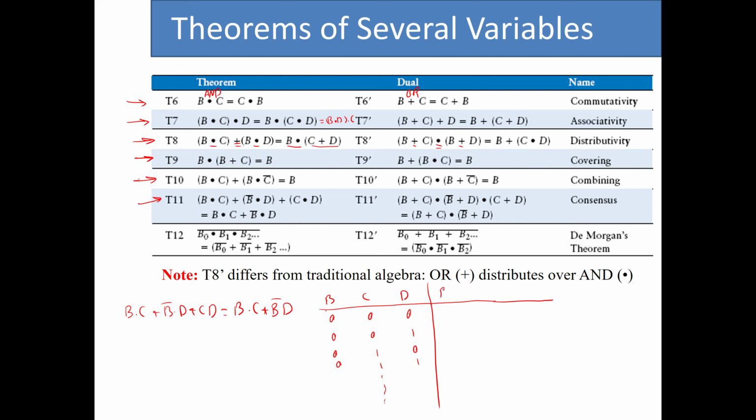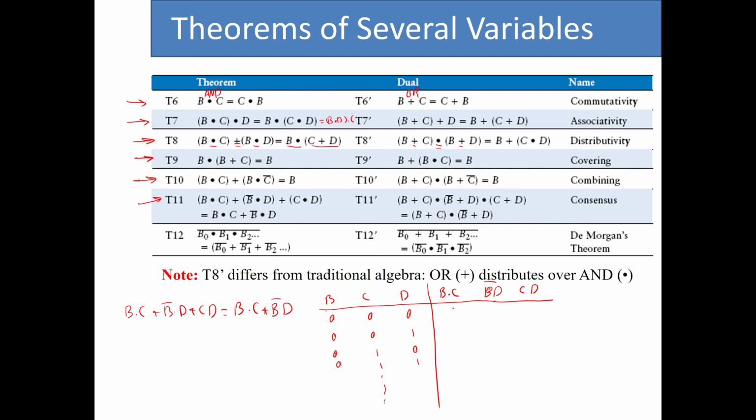We have BC here, we have B bar D here, B bar D here, B bar D here, we have CD here. So for each one of them we can easily calculate the value.